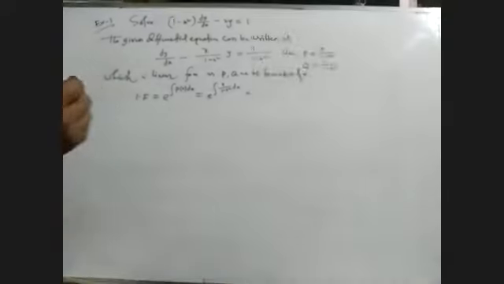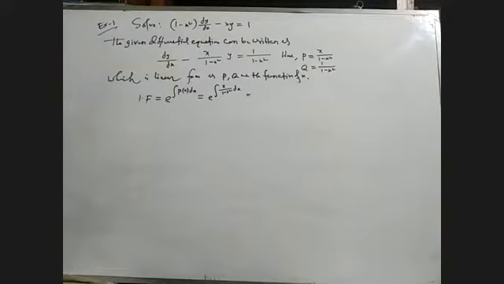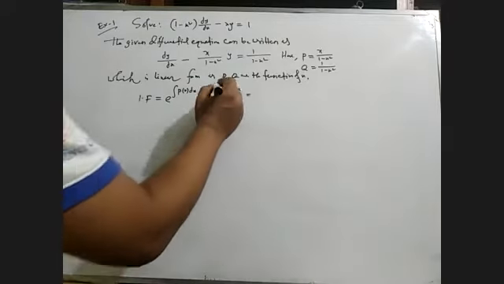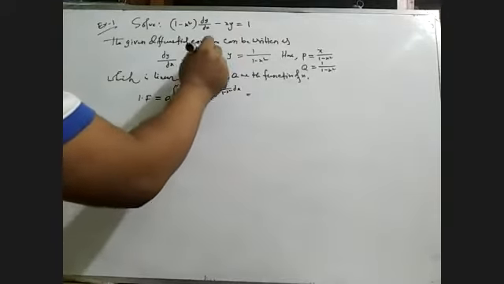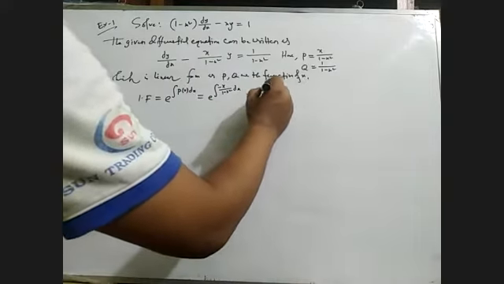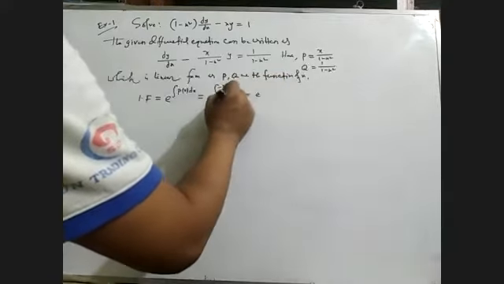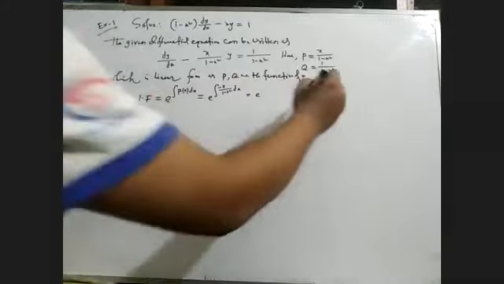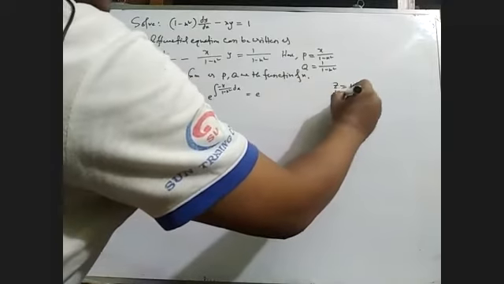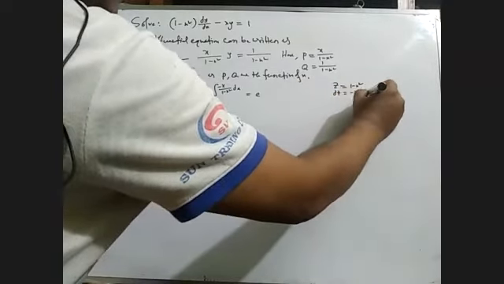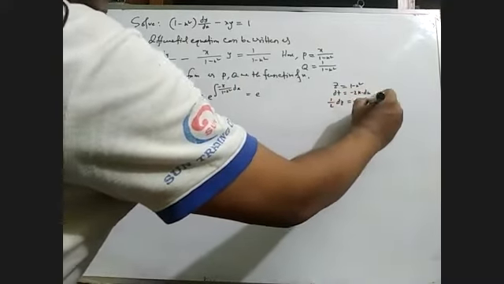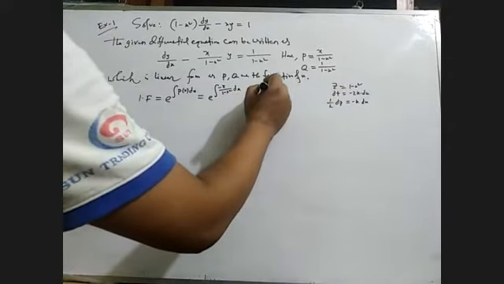Now suppose z equals 1 minus x square. Then dz equals minus twice x dx, so minus x dx equals half dz.